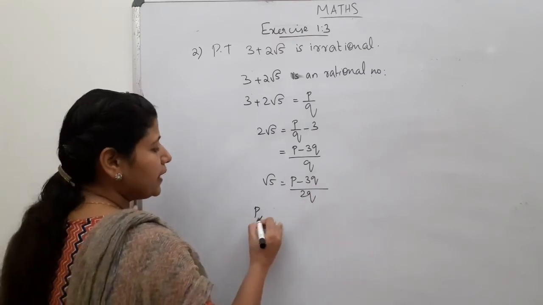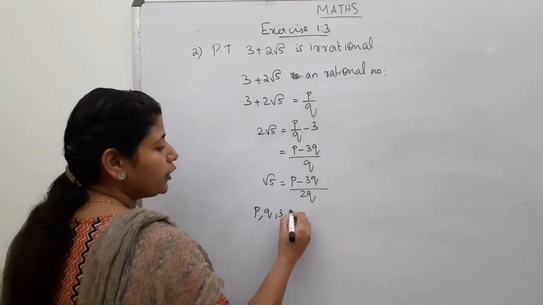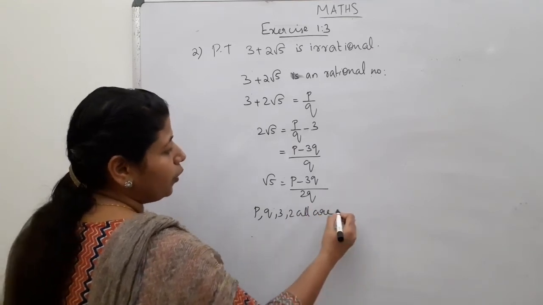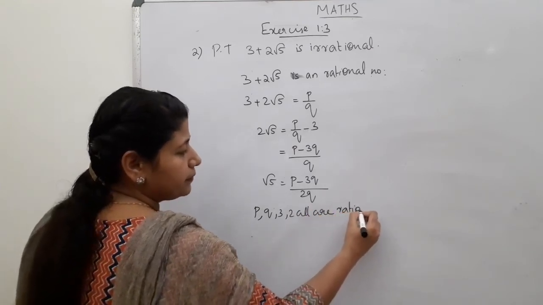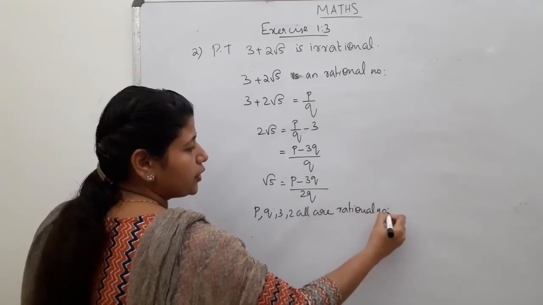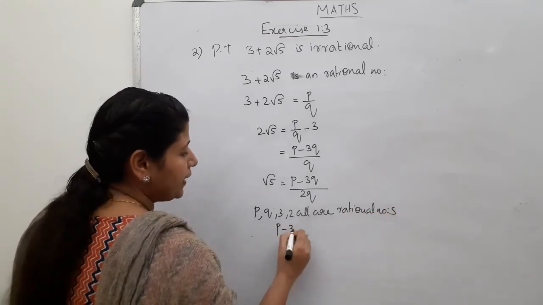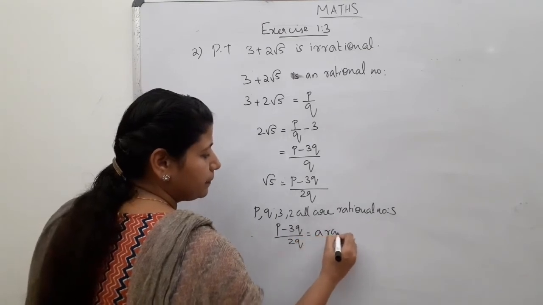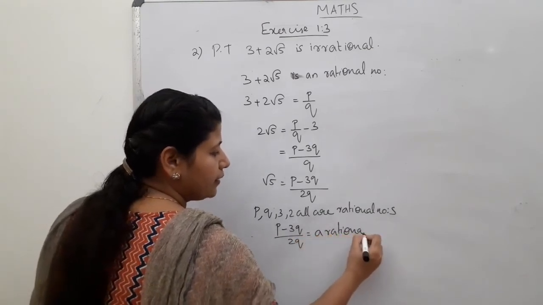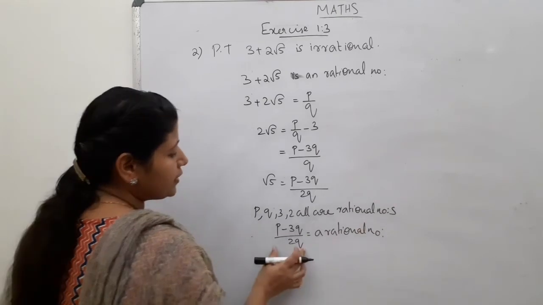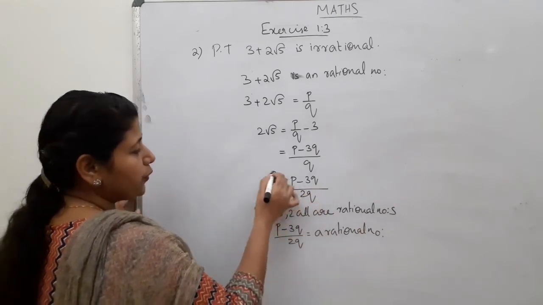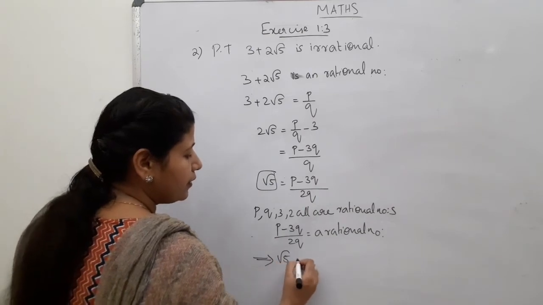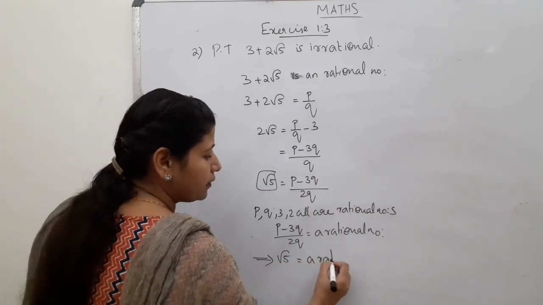We know that P, Q, 3, 2 all are rational numbers. Which means P minus 3Q by 2Q is a rational number. But the answer of this P minus 3Q by 2Q is root 5. So from this we want to write root 5 equal to a rational number.